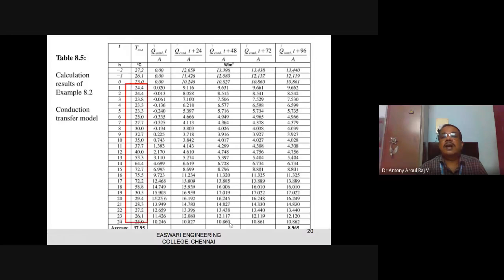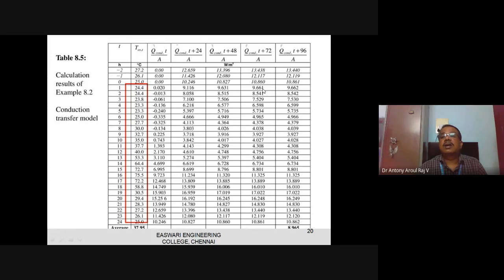So I'm calculating for 72 hours. I'm using these three values here and calculating the next value. Again I'm checking, and the 24th hour is 10.861, and at 1 o'clock it is 9.661.